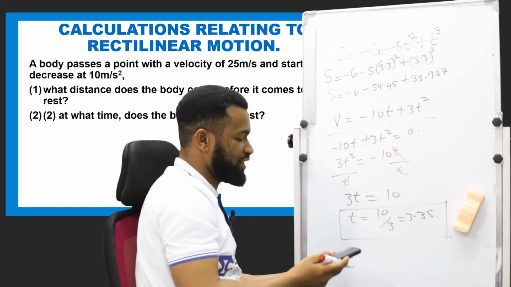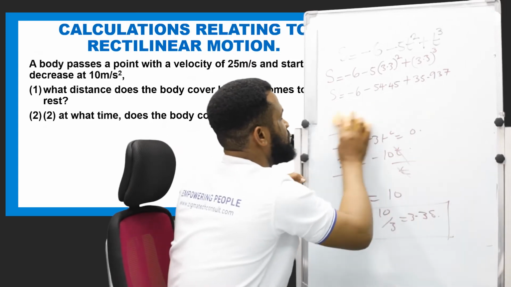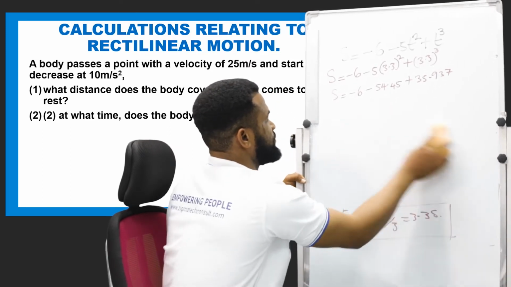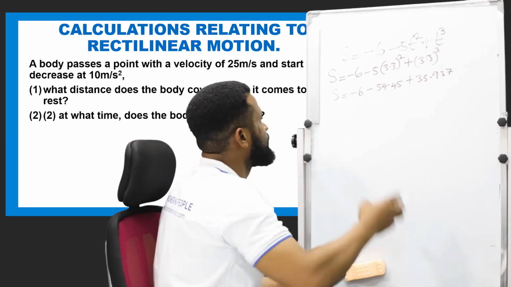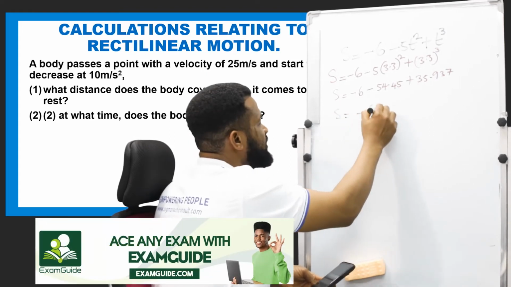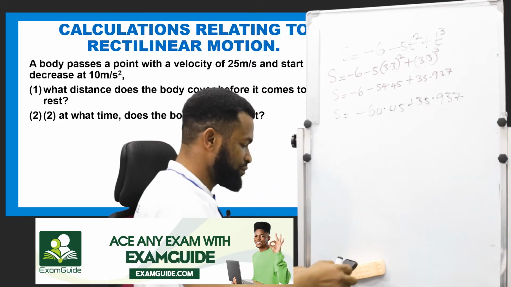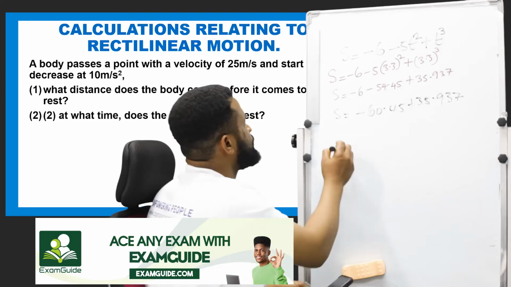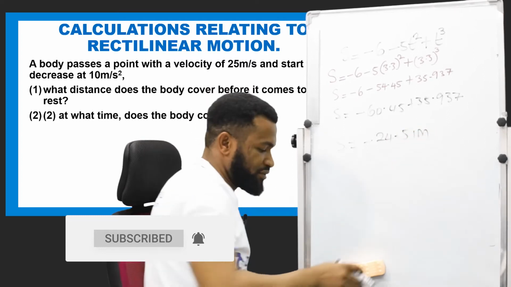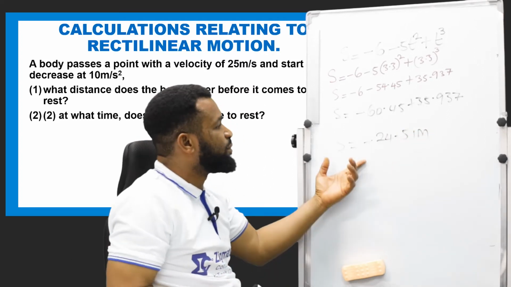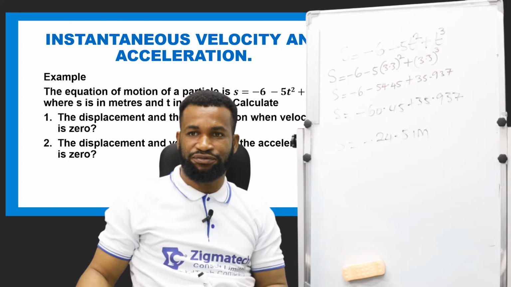So when I add everything, S is going to be minus 60.45 plus 35.937. So S is going to be minus 24.51 meters, all right? And the displacement is negative. That means it's moving in the opposite direction, all right?